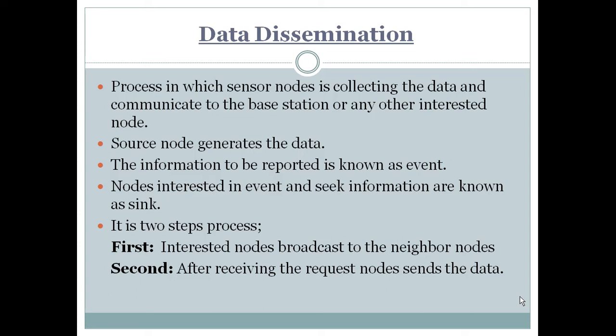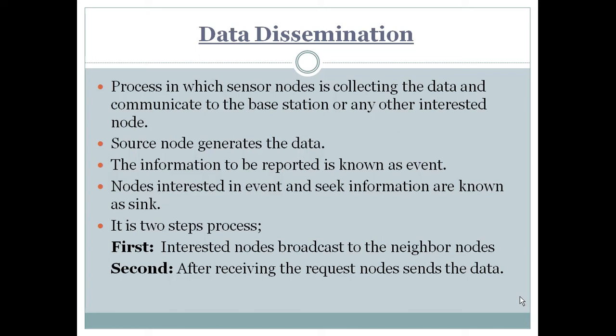Here, in this complete data dissemination process, we have three main entities. The first entity is the source node, the second entity is the sink node, and the third entity is called the event. The source node is the node which is interested in sensing the data and is responsible for generating the data.